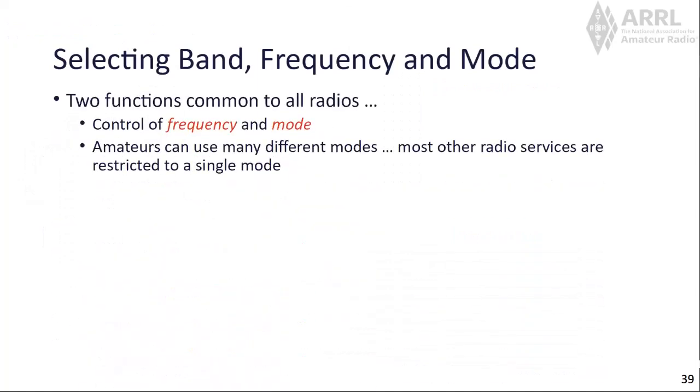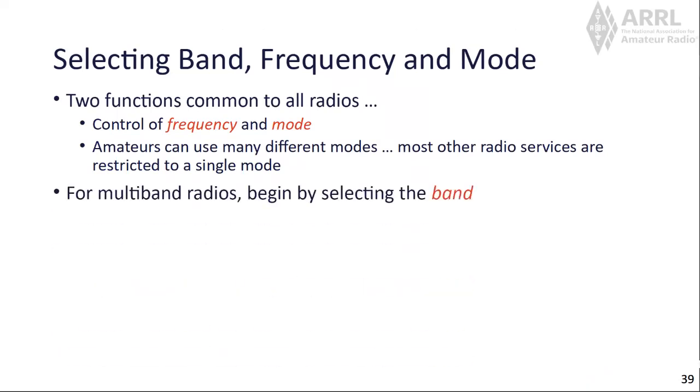Okay, two functions common to all radios are control of frequency and mode. Remember those words. Amateurs can use many different modes. Most other radio services are restricted to a single mode. If you own an AM broadcast station, that's all you can do. You can't do FM.